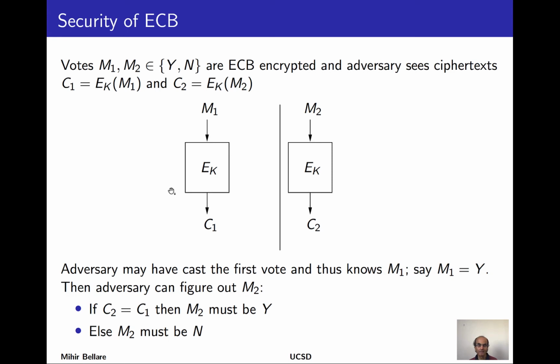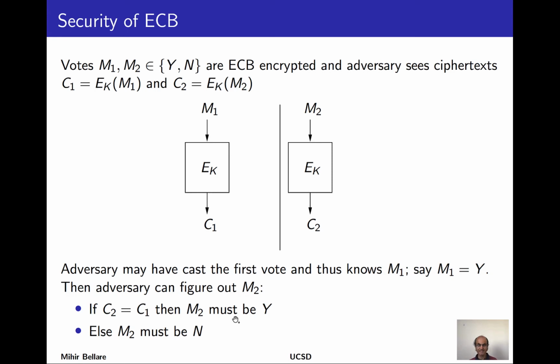Why is that? It simply checks whether this ciphertext equals this one. If they're equal, M2 must be a yes vote, and otherwise it has to be a no vote, because C1 and C2 are equal if and only if M1 and M2 are equal. So given C1 and C2, you can determine whether or not M1 equals M2. And now knowing M1, that tells you what M2 is.